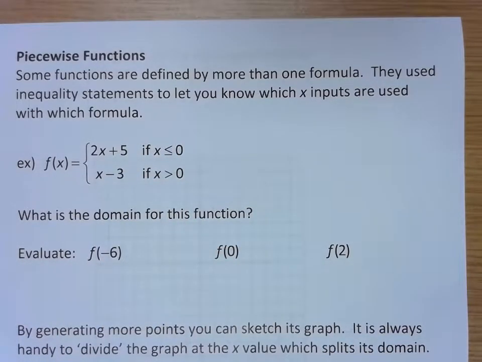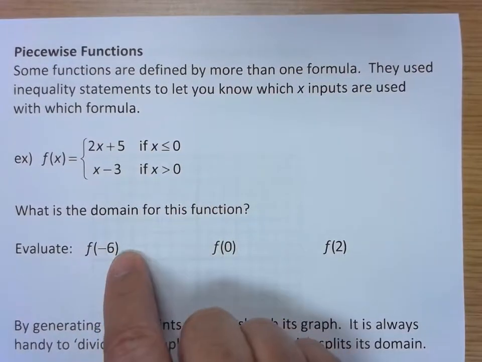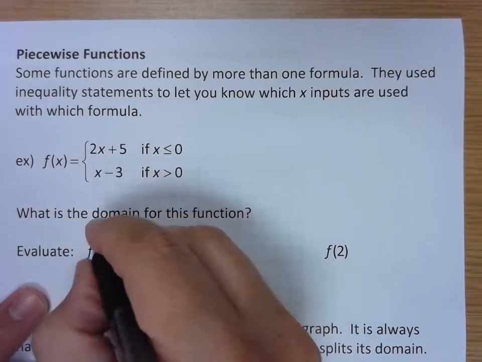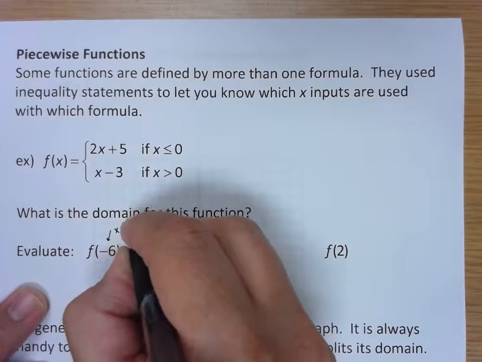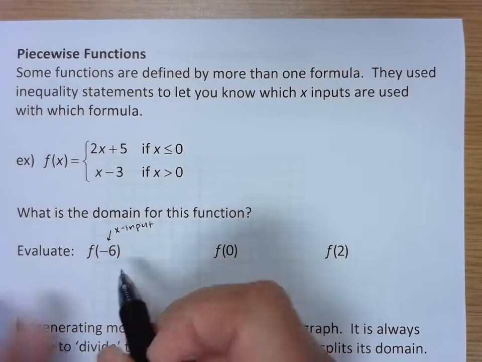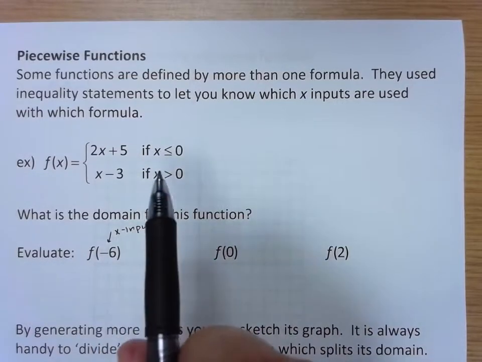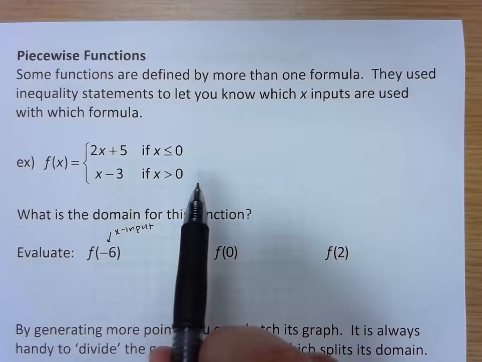Okay, if I choose any one value of x, like x equals -6, that's my x value of input. What you have to do is ask: is my x value less than or equal to 0, or is it greater than 0?